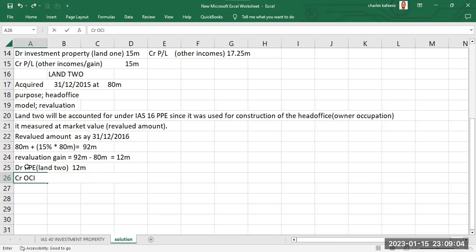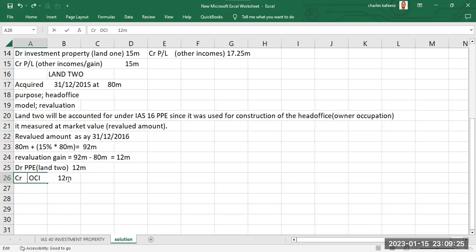This is an item that comes after you've computed the net profit.